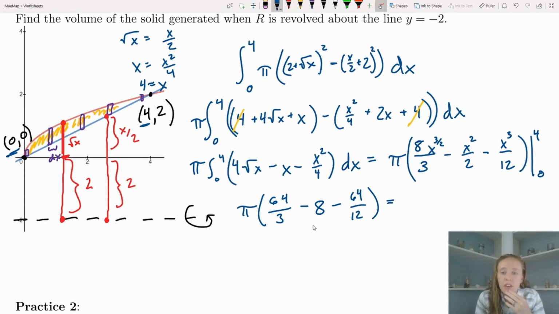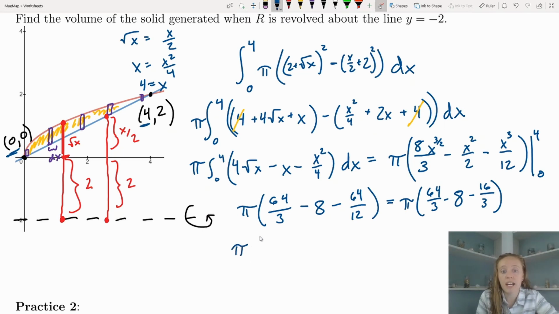I'm not going to mess with this whole number 8 right away, but I know that 64 and 12 are both divisible by 4, which will give me a fraction with a common denominator. So I'm going to do pi times 64 over 3 minus 8 minus, dividing 64 by 4 gives me 16, and dividing 12 by 4 gives me 3. So that's going to allow me to combine 64/3 and 16/3.